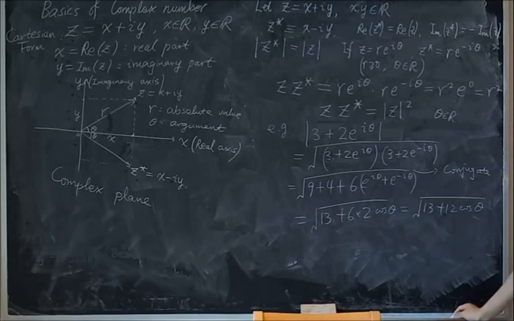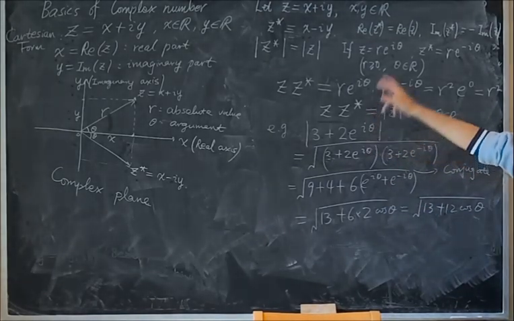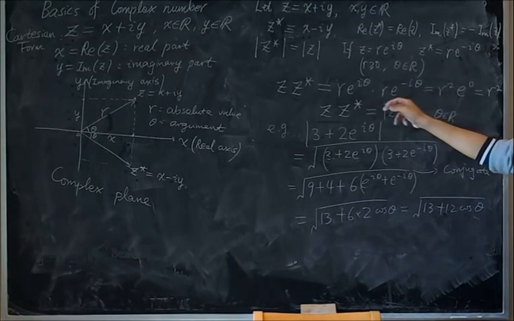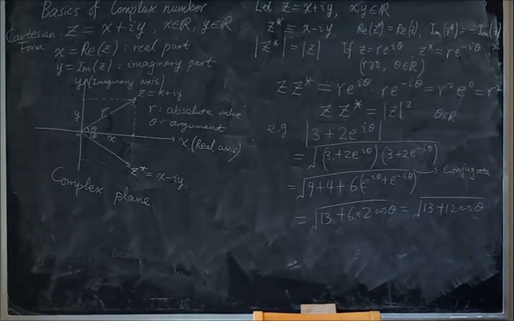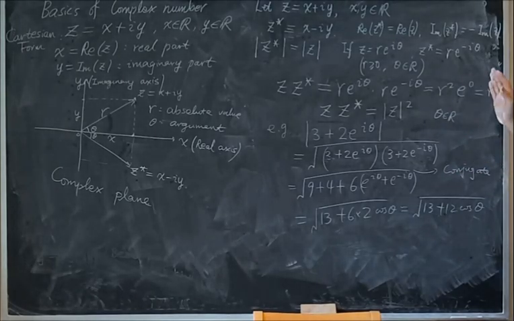This is obviously faster than expanding this into Cartesian form and calculating the square root of x squared plus y squared. Okay, so these are all the basic properties I need to introduce for the basics of complex numbers, and now we're going to get to complex functions.